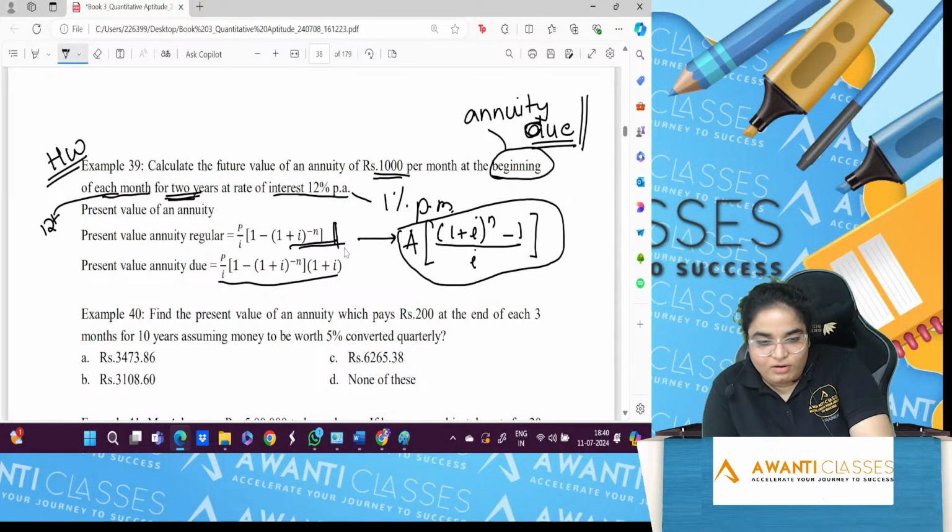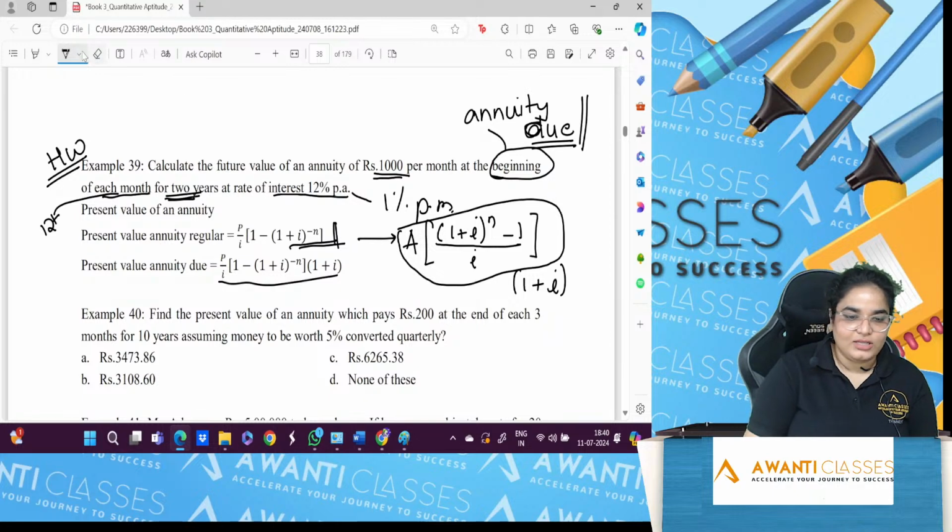I just solved it a bit further so that I can get n directly. For annuity due, all you have to do is calculate it exactly like annuity regular and multiply the answer with 1 plus I. You'll notice here also they have done the same thing.